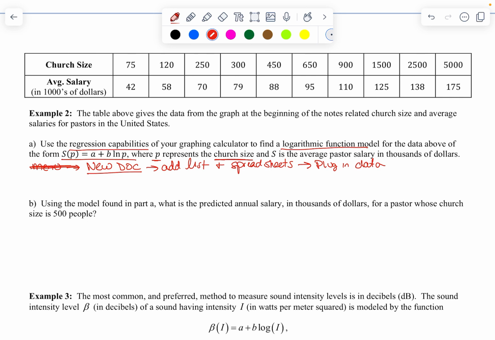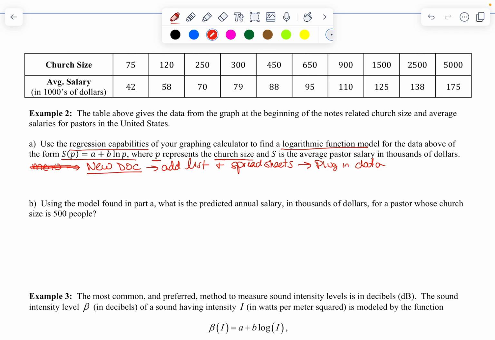I'm going to input my data all the way down. So 75, 120, 250, 300, 450, 650, 900, 1500, 2500, and 5000.